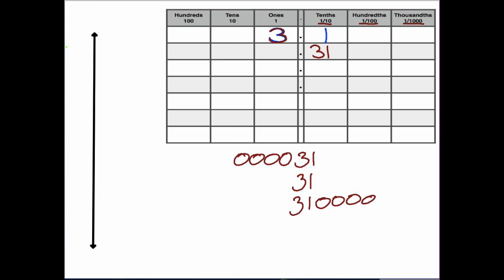Because my number went from 31 to what? Who can read that number? 31,000. Let's do it that way. 310,000. So is 310,000 the same as 31?